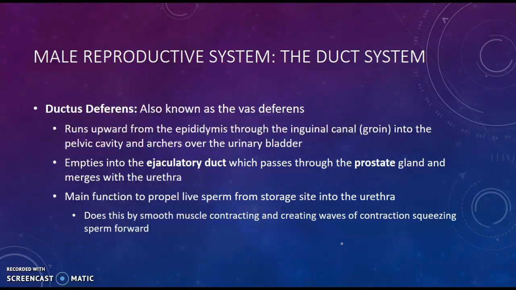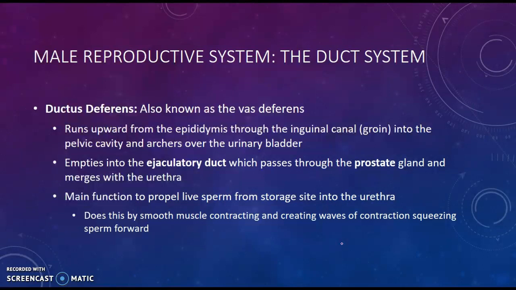Once the sperm have pretty much matured, they enter what's called the vas deferens or the ductus deferens. Those are interchangeable. This is the tube that eventually leads to the urethra. We go up through the groin, and it arches over the urinary bladder.